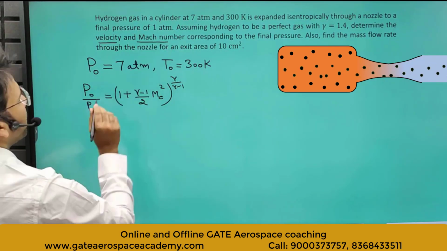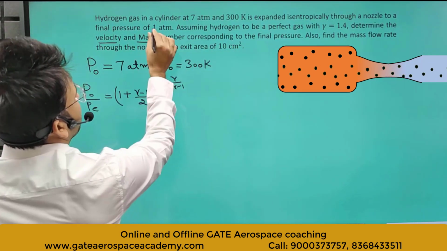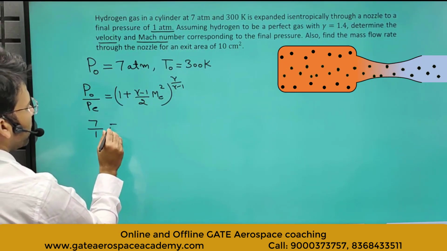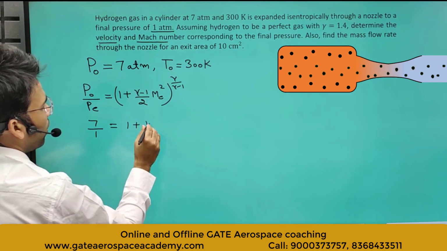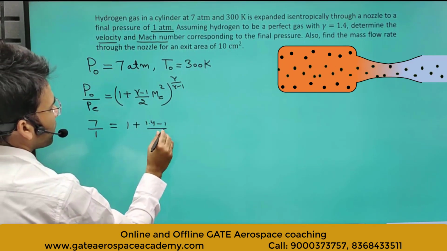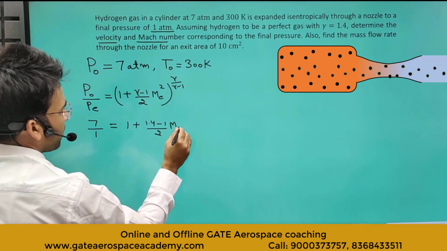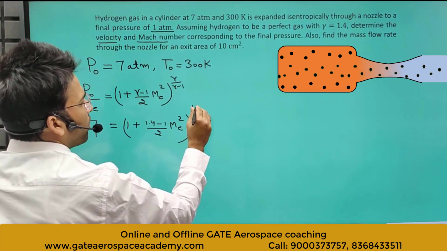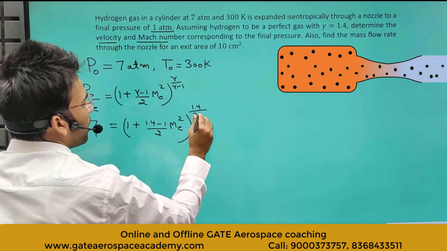P naught is 7 atm, P exit is 1 atm. 7 by 1 is equal to (1 plus 0.2 Me square) power raised to gamma, which is 1.4, divided by 0.4.